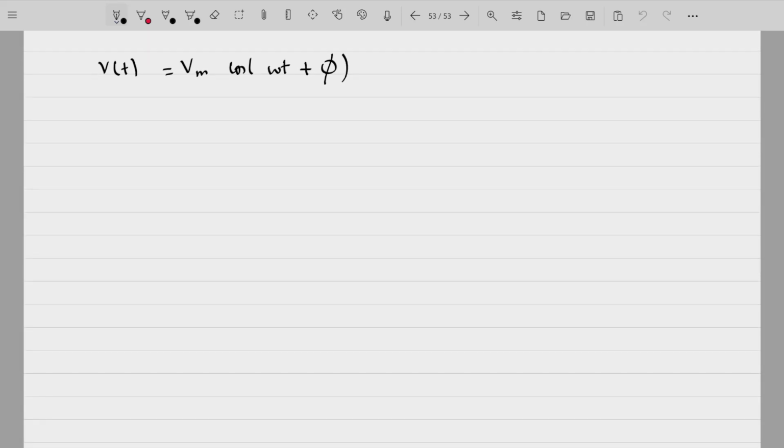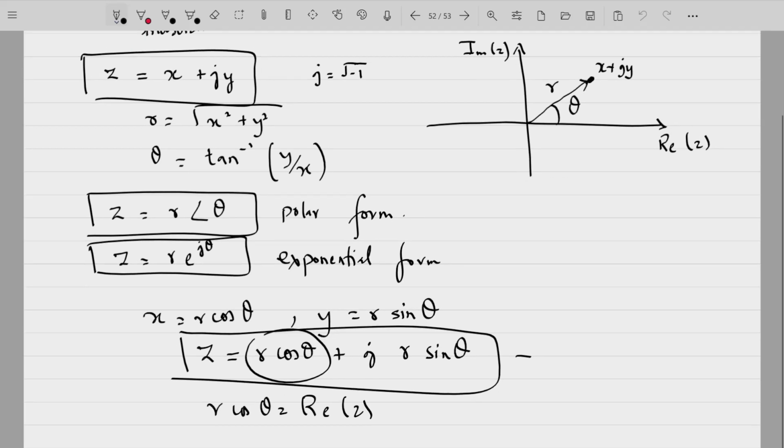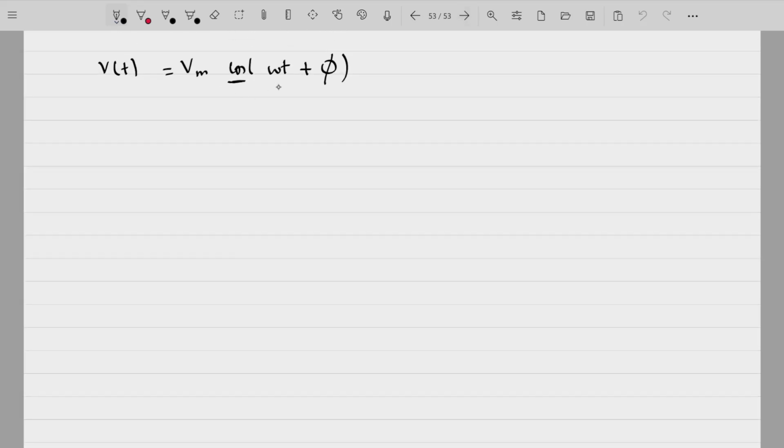Now V(t) is equal to Vm cos of omega t plus phi. Since there is a cos term here, and the cos term is the real part of some complex number, you can say that this Vm cos of omega t plus phi is a real part of some complex number. I'm not writing yet what that complex number is. So Vm cos of omega t plus phi is a real part of some complex number.